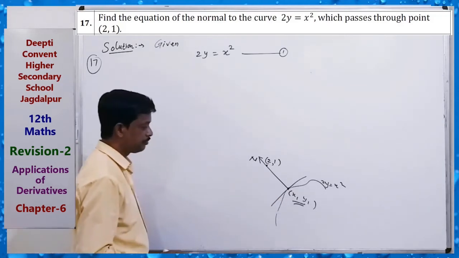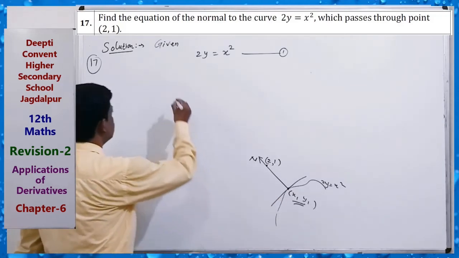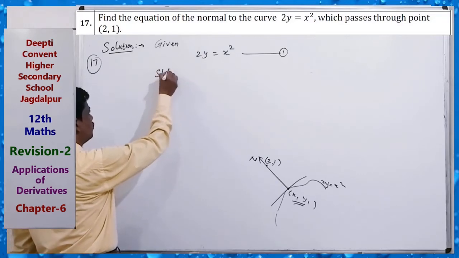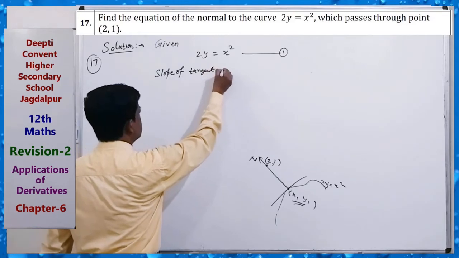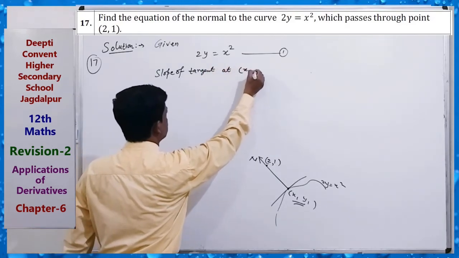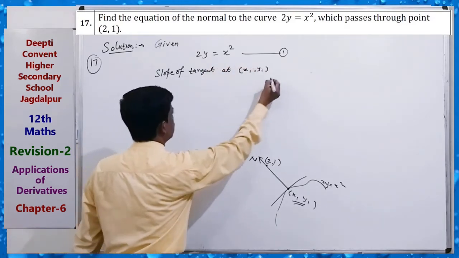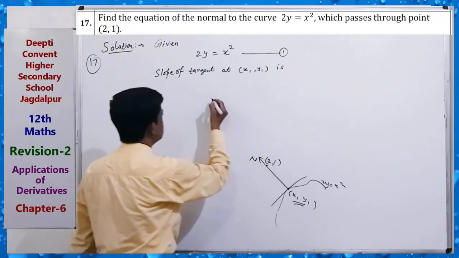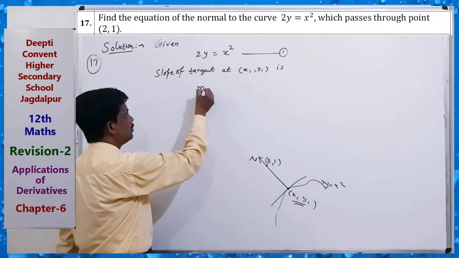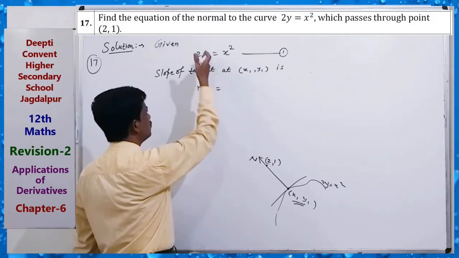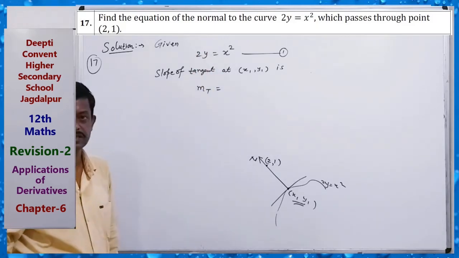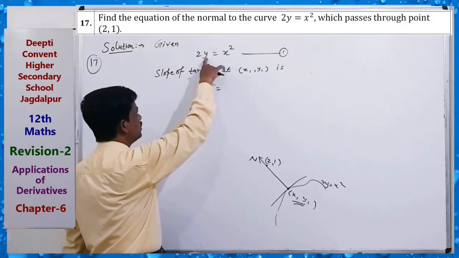Suppose x1, y1 is the point of contact. Then the slope of the tangent at point x1, y1 is dy by dx. So differentiate it.